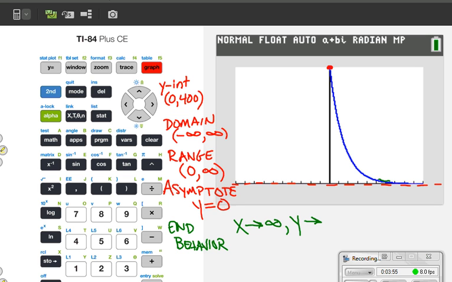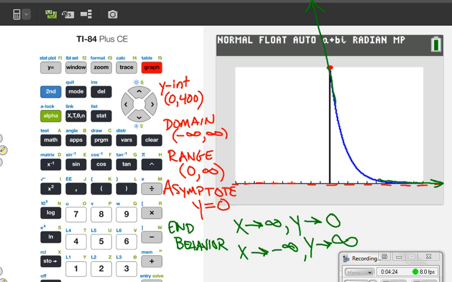As x gets really big, y gets really close to 0. As x gets really negative, can't see it on this window I chose, but as x gets negative, what's y going to do? Increase. Y goes to infinity. I think that satisfies what they wanted in number 8.